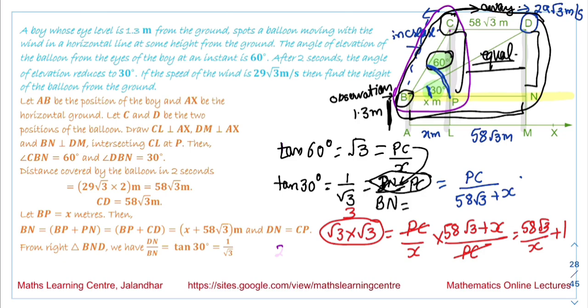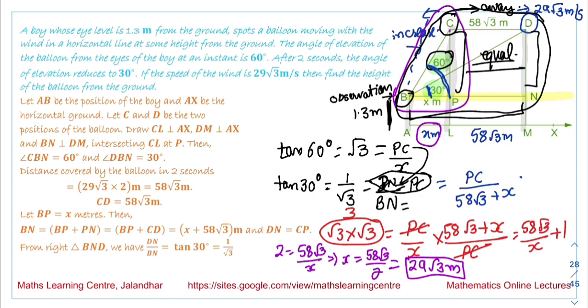So we get 2 is equal to 58 root 3 by X. This gives us X is equal to 58 root 3 by 2, that is equal to 29 root 3 meters. So the value of X, this length, is 29 root 3 meters.